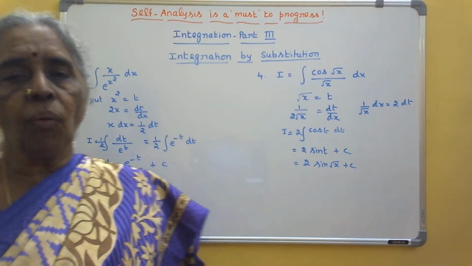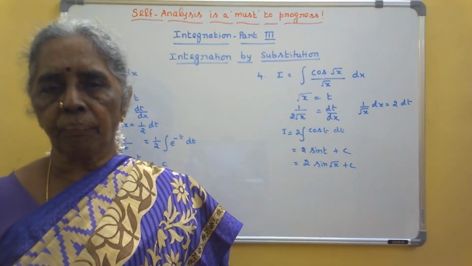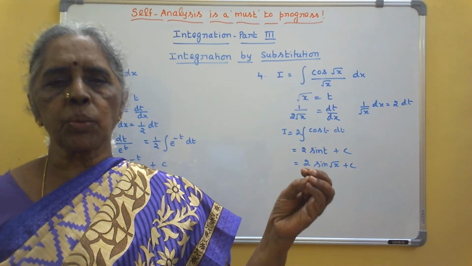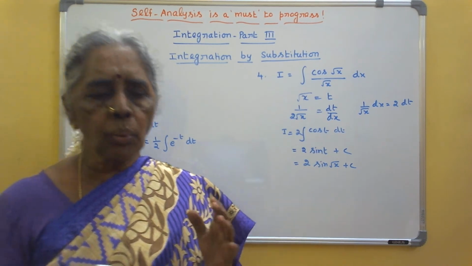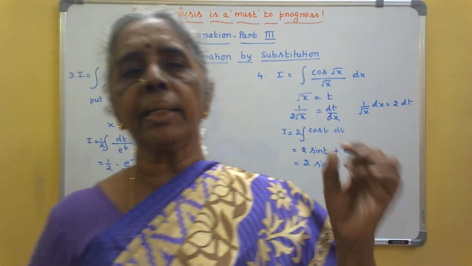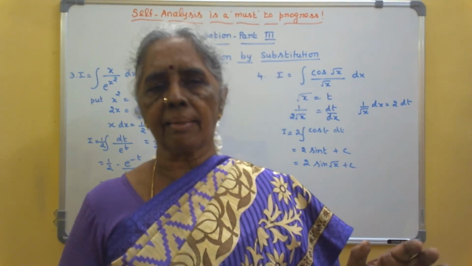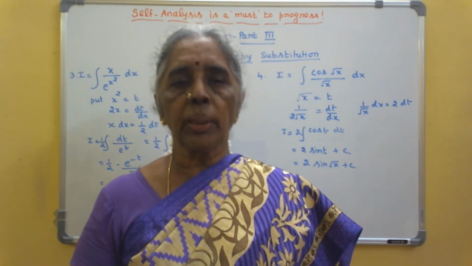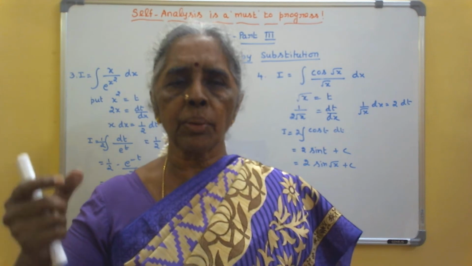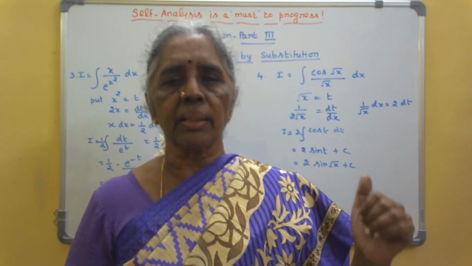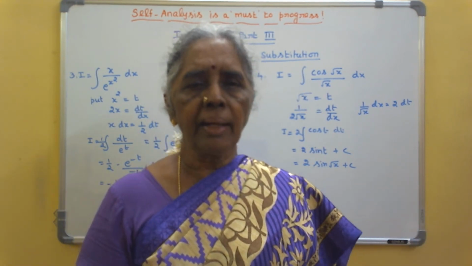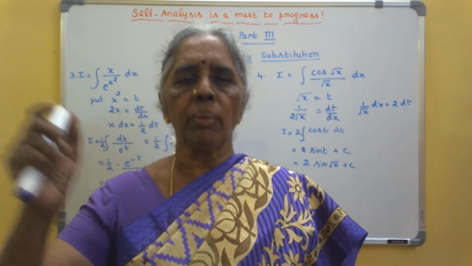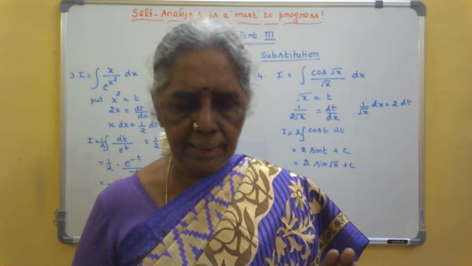So in the 4 examples I have given, in each one I have substituted a different thing. So you have to look at the numerator and the denominator properly and then decide what to substitute, so that all the other terms will be able to convert in terms of that new variable t, and the dx along with some other term will be related to dt.